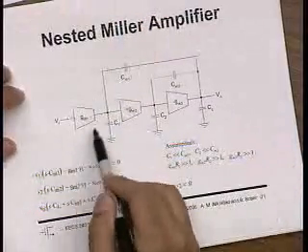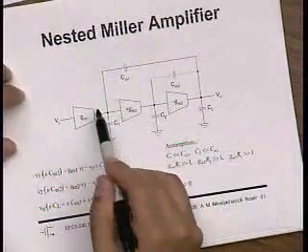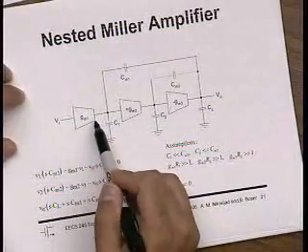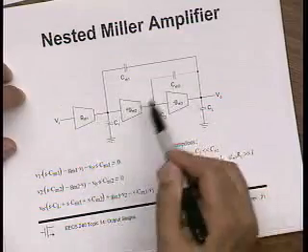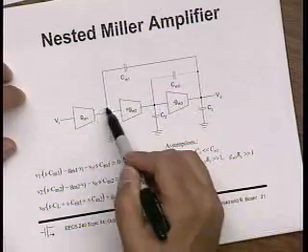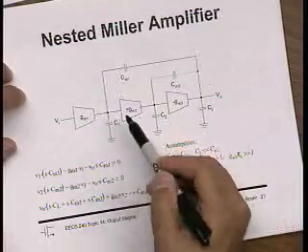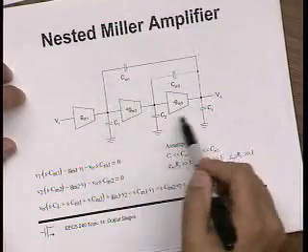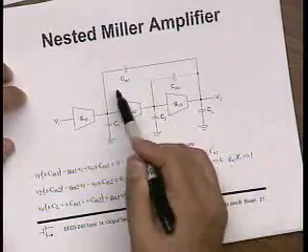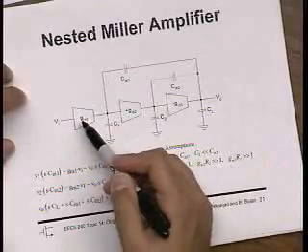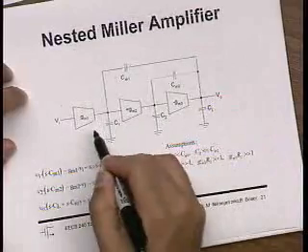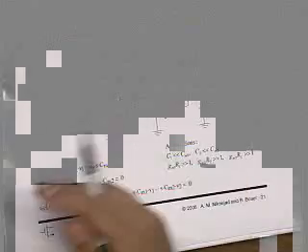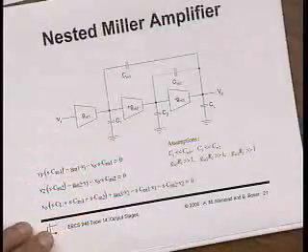Now I add another stage. This third stage is going to produce another dominant pole that's going to be on the order of the dominant pole of this stage. So I put more Miller feedback around, push this second pole to a higher frequency, push this dominant pole to a lower frequency, and now I could potentially design a system that has three stages and has all the poles and zeros in the right place.